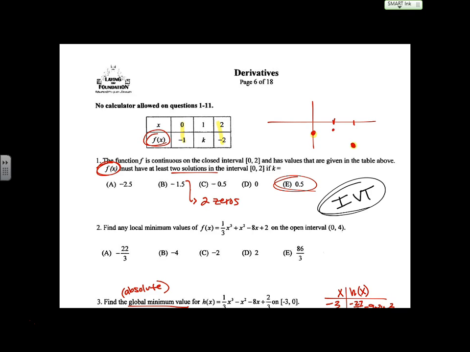If k was a negative number, would it have to go through 0 at all? Nope, it wouldn't have to go through 0 at all. If k was 0, would it have to go through 0 twice? No. What must k be in order for the function to have to go through? It must be above 0, aka positive.